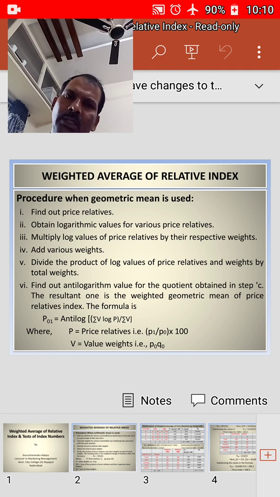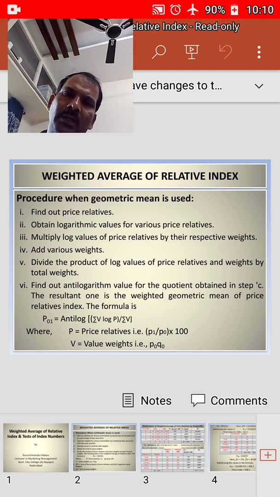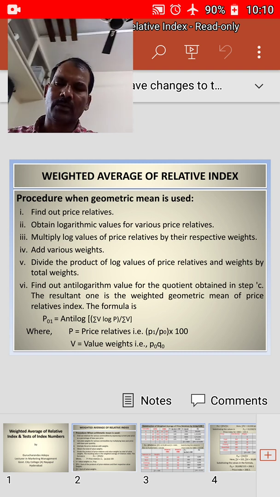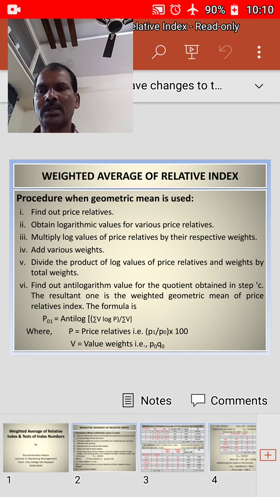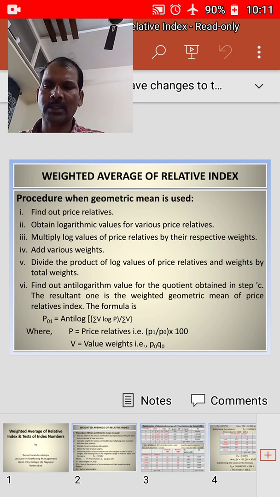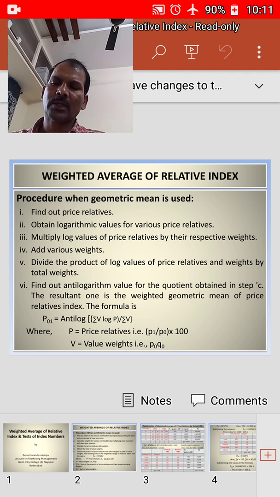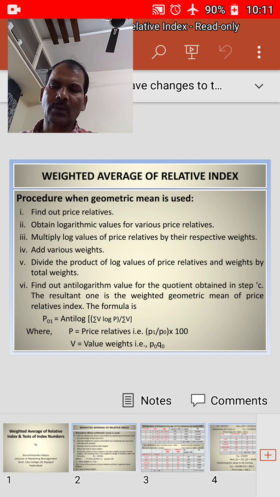When geometric mean is used, how could we find the weighted average of relative index? There is a procedure for this. Instead of arithmetic mean, if geometric mean is used to average the sum of the product of price relatives and weights, the procedure adopted is, first we need to find the price relatives and obtain logarithmic values for various price relatives, multiply the log values of price relatives by their respective weights, add the weights, and divide the product of log values of price relatives and weights by the total weights.